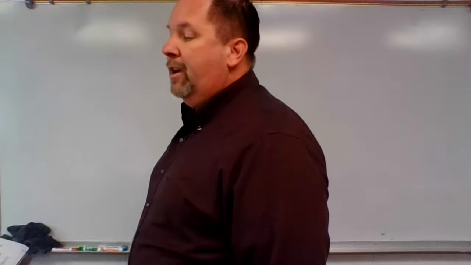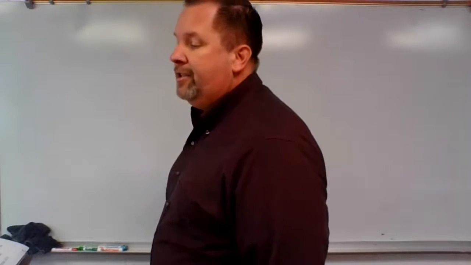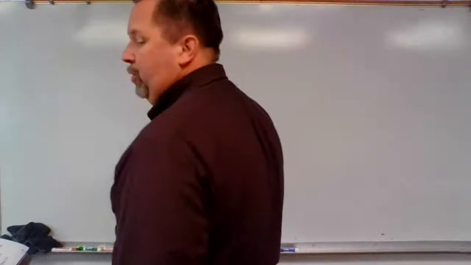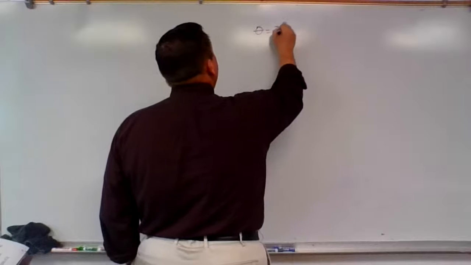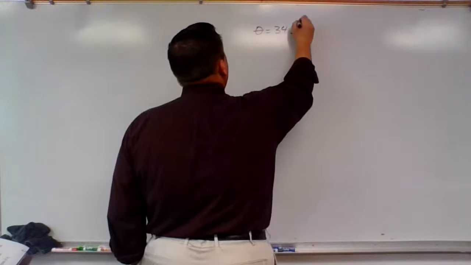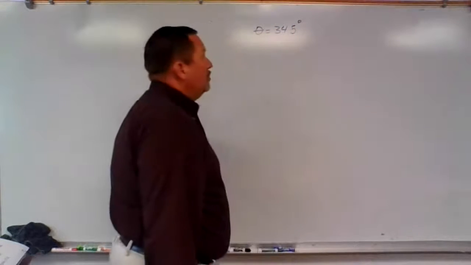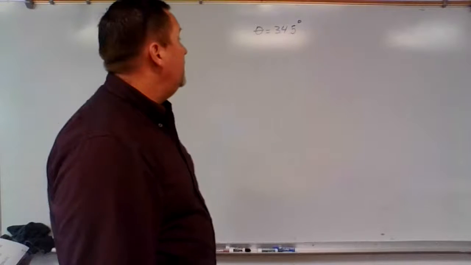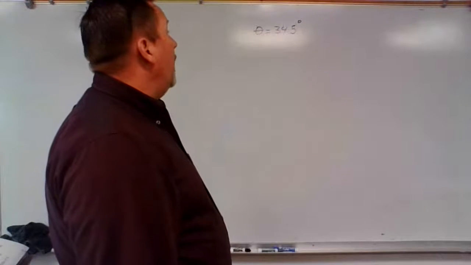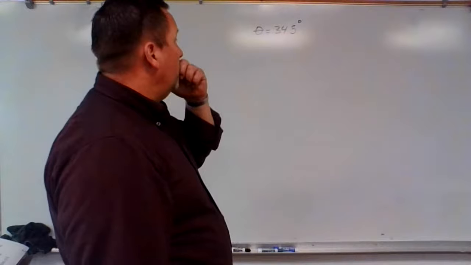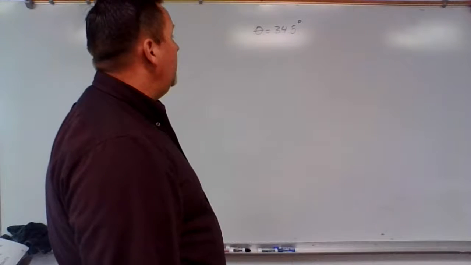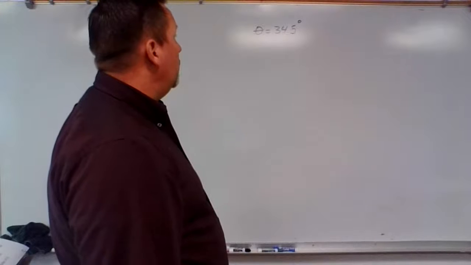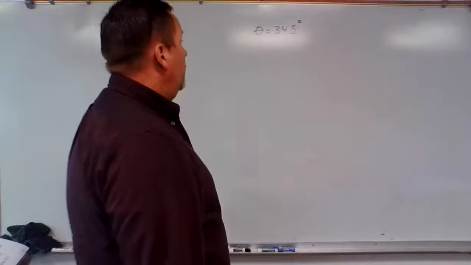But my original angle is first 345 degrees. So in other words, they want us to find the reference angle for an angle that's 345 degrees, which I totally did not mean to pick just a little bit ago. That was a coincidence. But hey, we'll go with it.